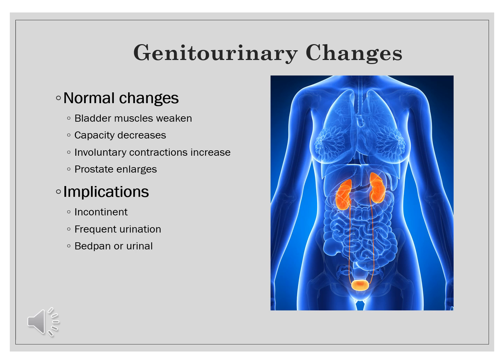The urinary system also changes with age. Muscle tone decreases, leading to issues such as decreased bladder capacity and increased susceptibility to urinary incontinence, particularly when an individual is under stress.